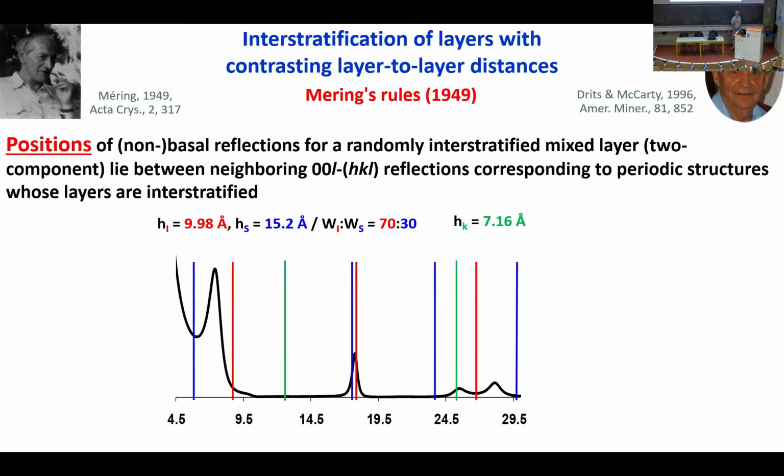So just think of this position in between blue and red as a way to predict the type of layers that are interstratified. Here I added the position of kaolinite in green.